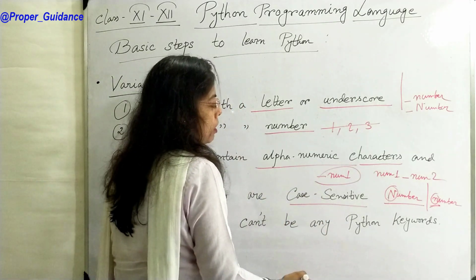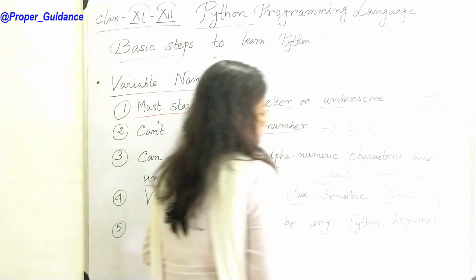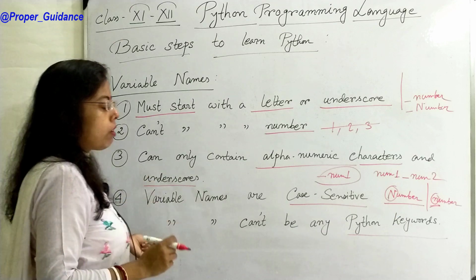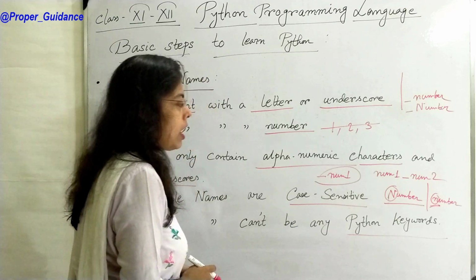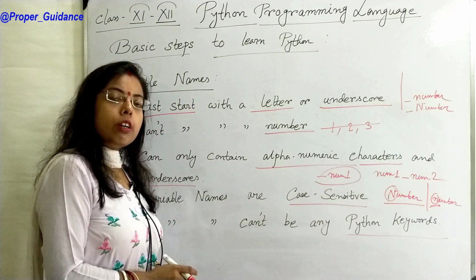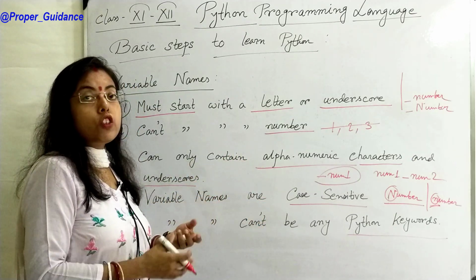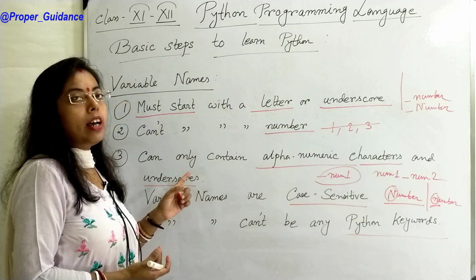And the next and last point for variable names: they can't be any Python keywords. This is not only true for Python, for any programming language, this is a very vital point that there are some keywords. What are keywords? Keywords are specific words carrying specific values for that particular language.